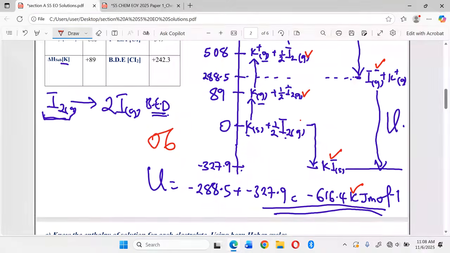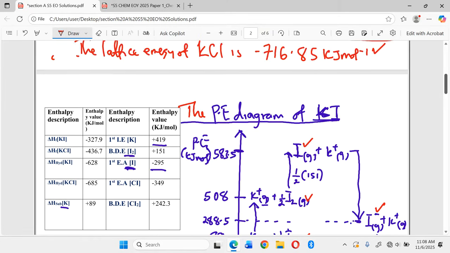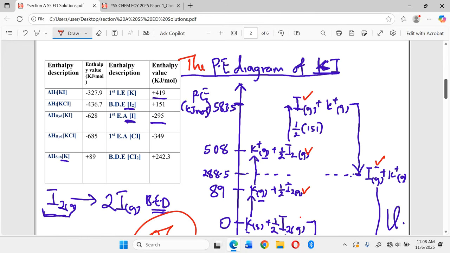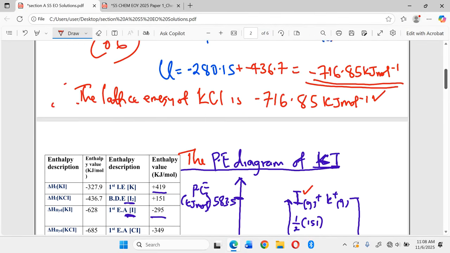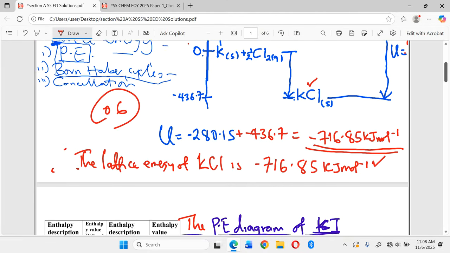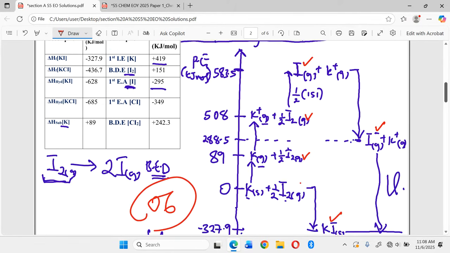You get all 6 scores. So you can see how easy it could be for you to get all the scores for the potential energy diagram for potassium iodide. You can use another method. You can even use the Born-Haber cycle or cancellation method, and you still get the same answers.